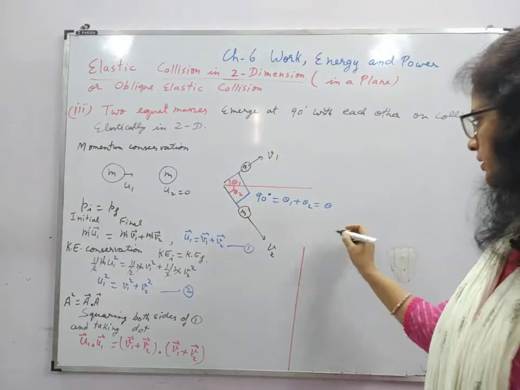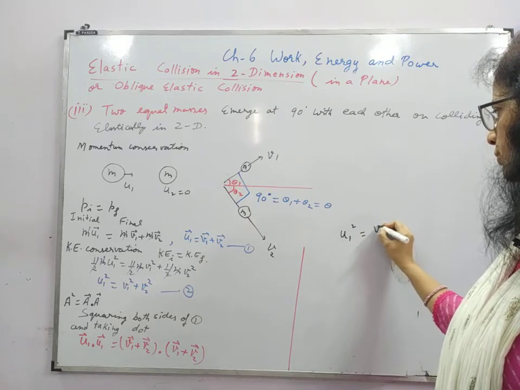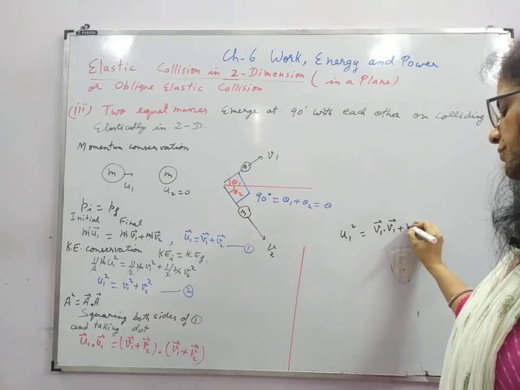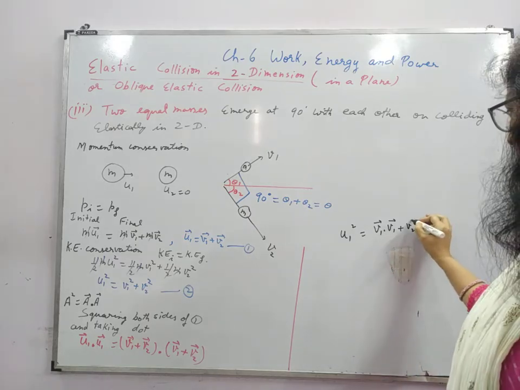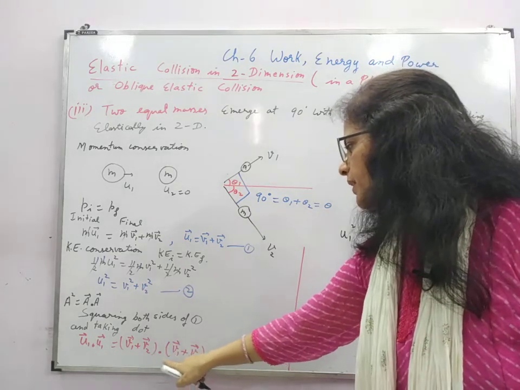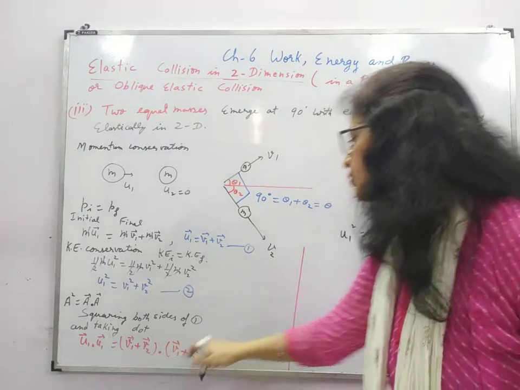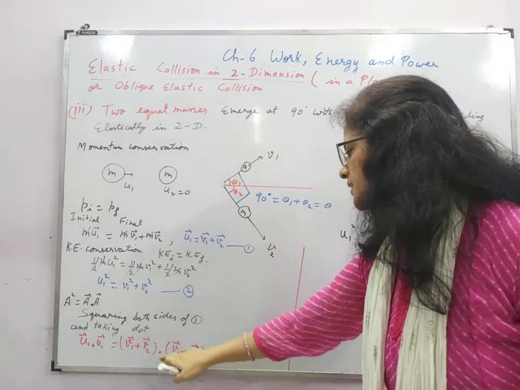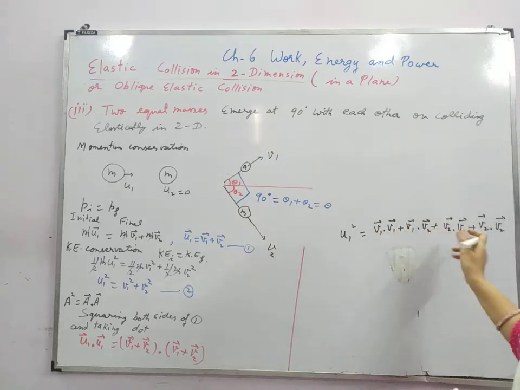So let's take the left side. This will be u1 square is equal to v1 dot v1 plus v2 dot v2, v1 dot v1 plus v1 dot v2 plus v2 dot v1 plus v2 dot v2. Simple product I have done, but since this is a dot product, so I am writing dot over here.